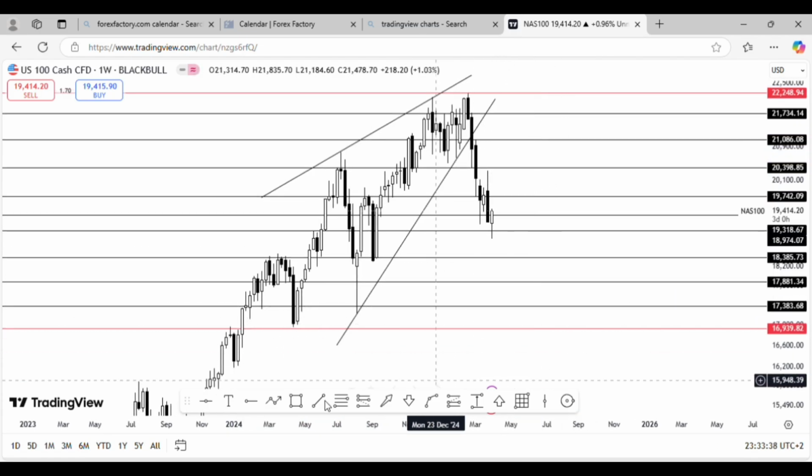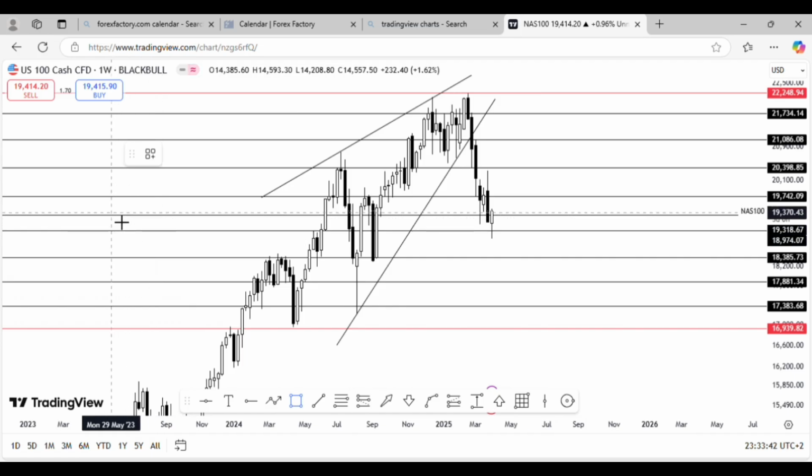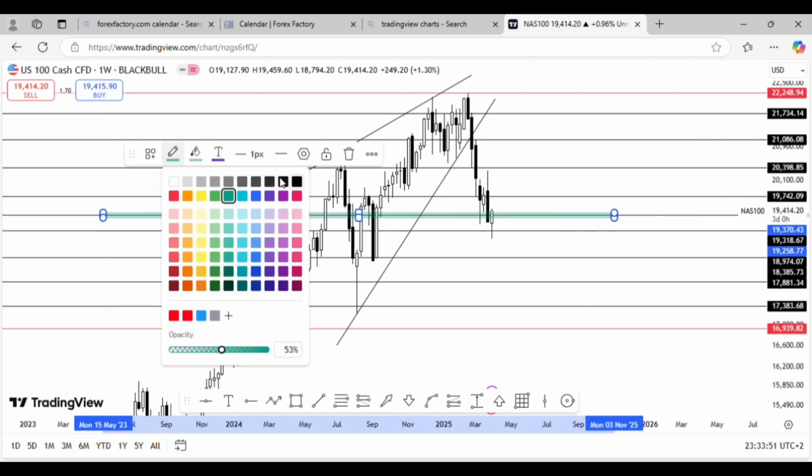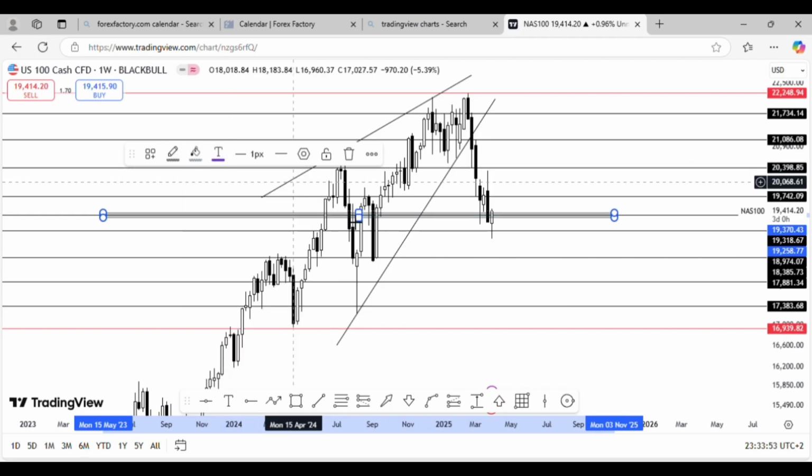So while we are focusing here, I will just be using my rectangle tool at this current price. Then let me just change it to black, obviously, because I love to keep things clean and neat and nice.